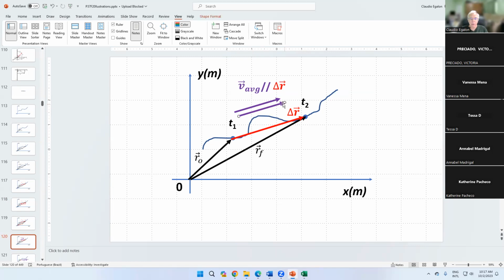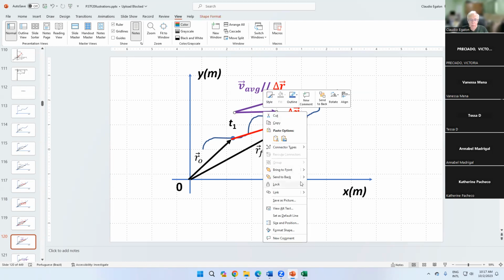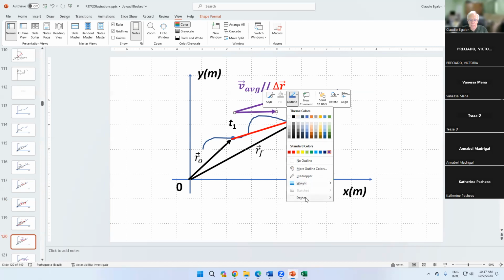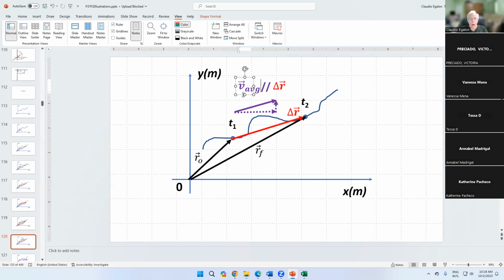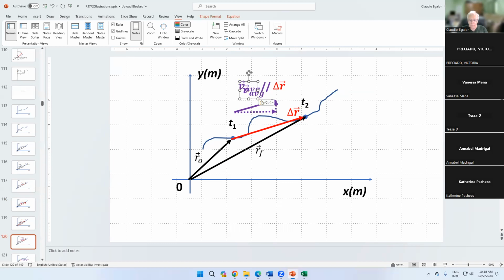And what I'm going to do here is illustrate that the average velocity vector has an x component and a y component, just like my delta r has. How did I denote that there?